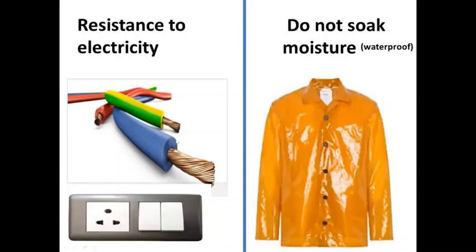Here plastic acts as an insulator. Insulator means the substance which will not allow the electricity or heat to pass through them. Okay. Plastic does not soak moisture. Means they are waterproof. That's why our raincoats are specially made of plastic.